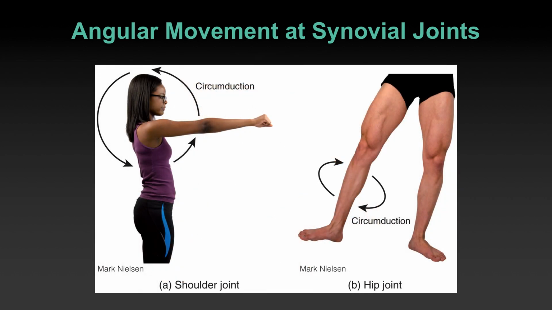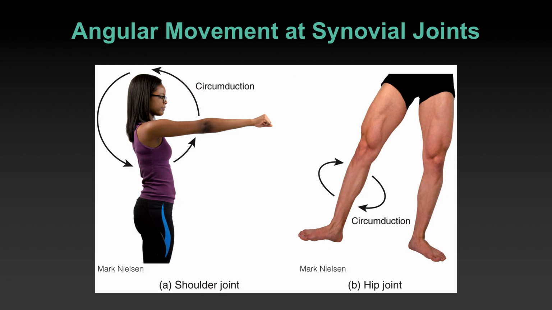Circumduction, then, not an easy singular motion to describe. It's the combination of flexion, extension, abduction, and adduction all at once and in sequence. Sometimes one singular joint will allow circumduction. So the shoulder joint being a ball and socket joint, the hip joint being a ball and socket joint.